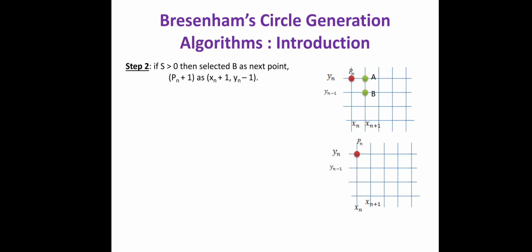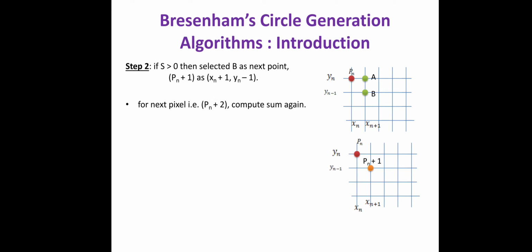In step 2, for this point, if you get your S value greater than 0, then rather than selecting A, I will select point B. You can see here I have selected point B and I am marking that point as Pn plus 1.